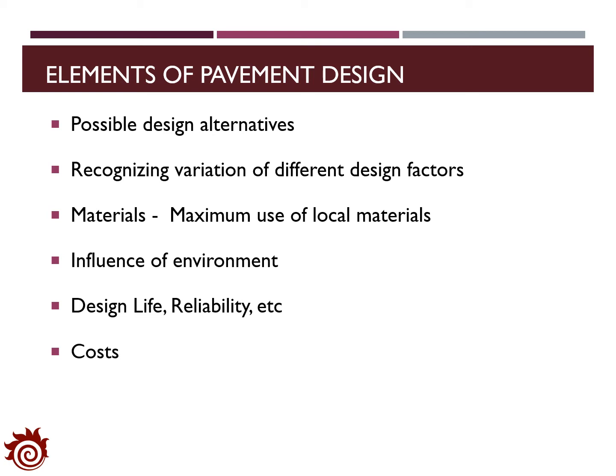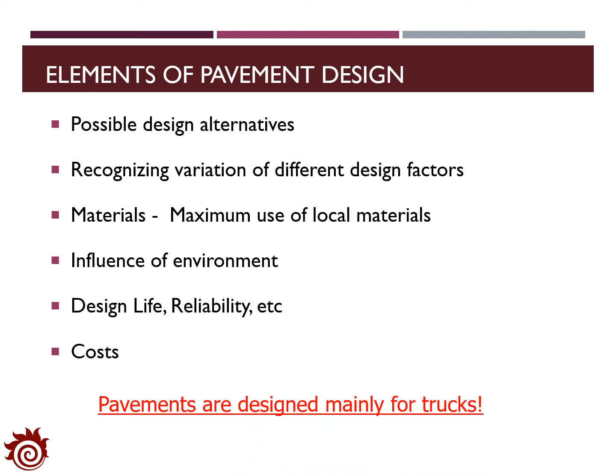And then we need to consider the impact of the environment and take the design life and reliability of the pavement into consideration. And we want to make a good pavement based on a limited budget to control the cost. Finally, from our real-world observation, we find that trucks cause major damage to the pavement.